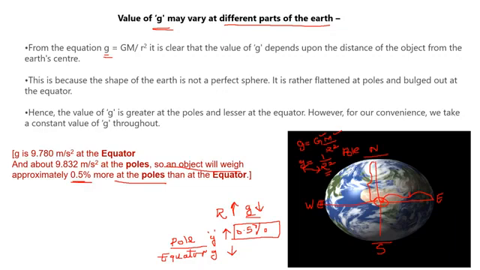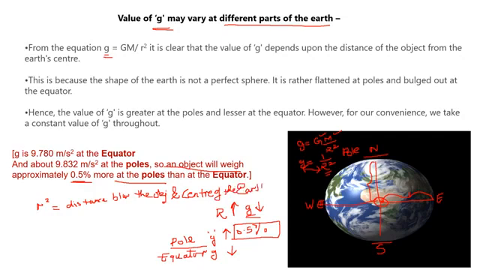So children, when I'm talking about small r square, it is this distance between the object and the center of the earth.